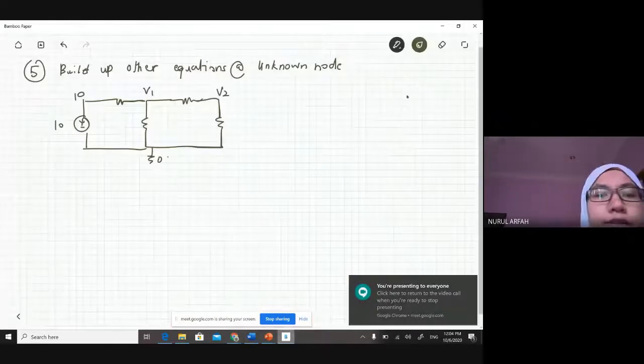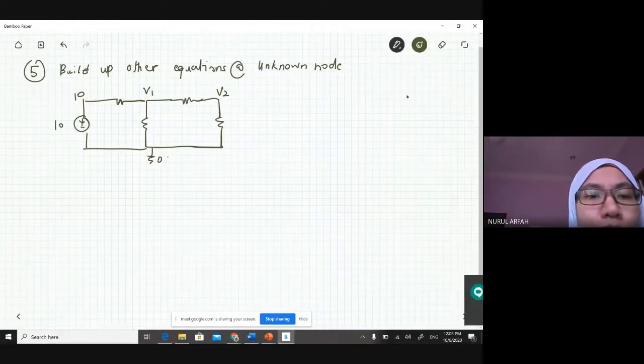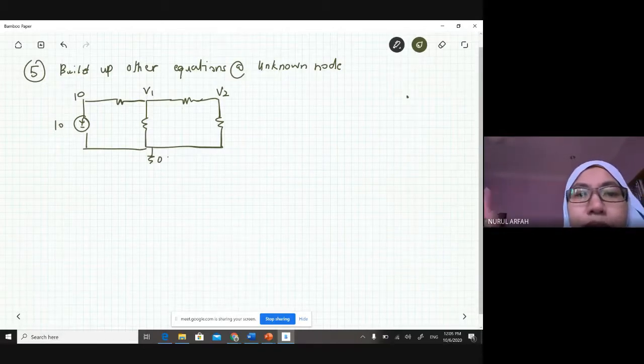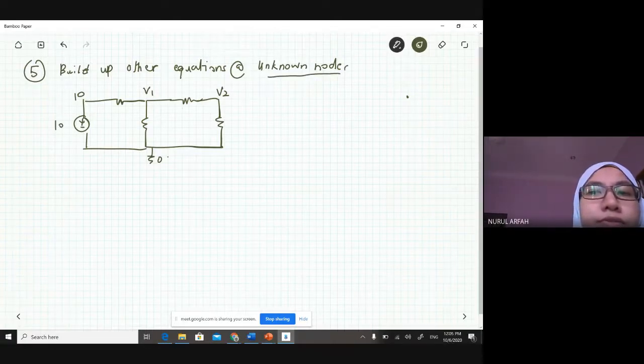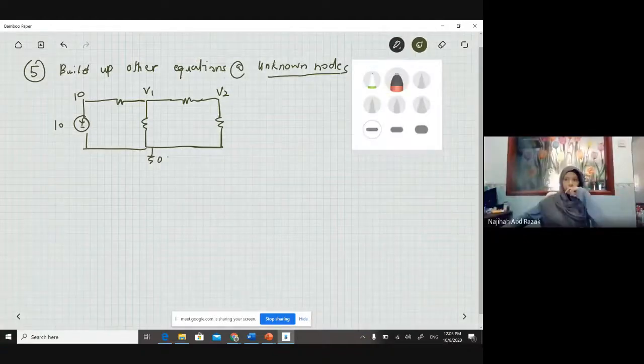All right. Okay, we have this V1 and V2. I said that the step for number 5 is to build up other equations at unknown nodes. So where are these unknown nodes? V1 and V2.